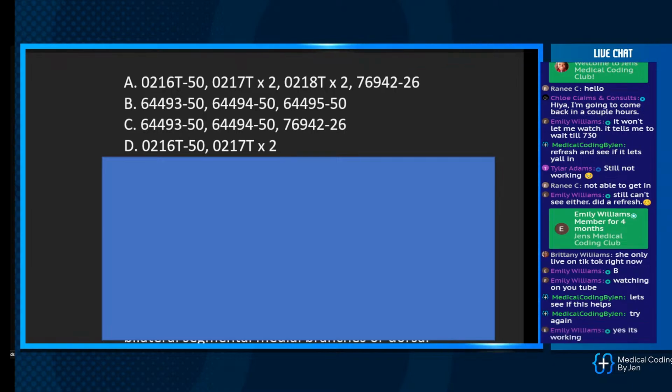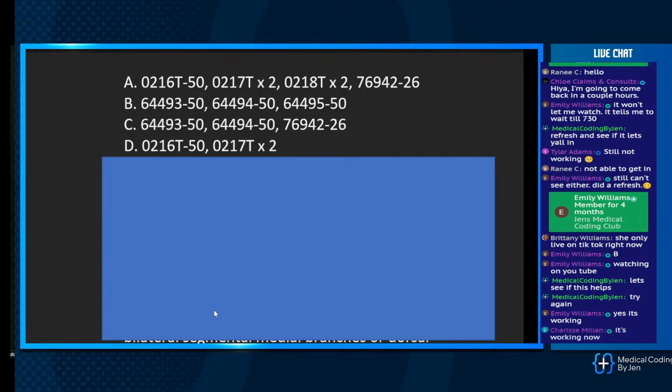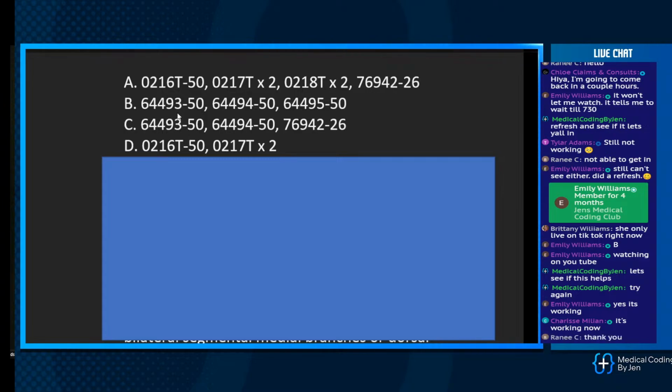And we're going to go here for this question. I heard this question was super cool and helpful for a medical coding exam. So what we've got here is our 64493. What header are we under for this one? 644 93.